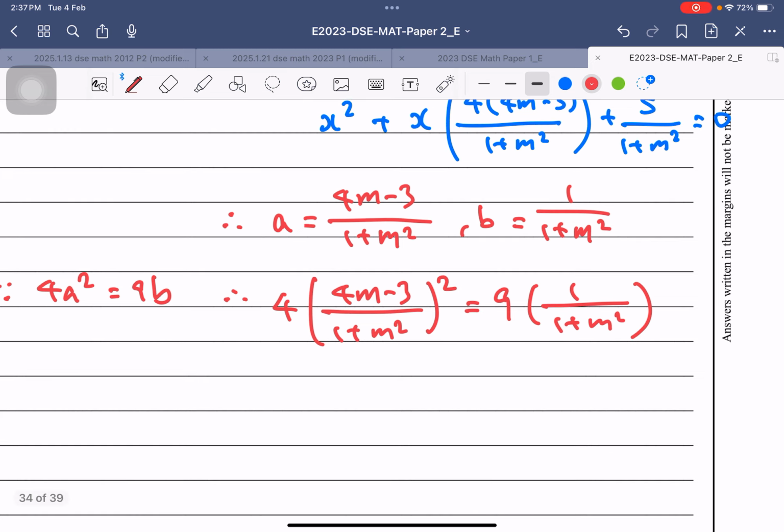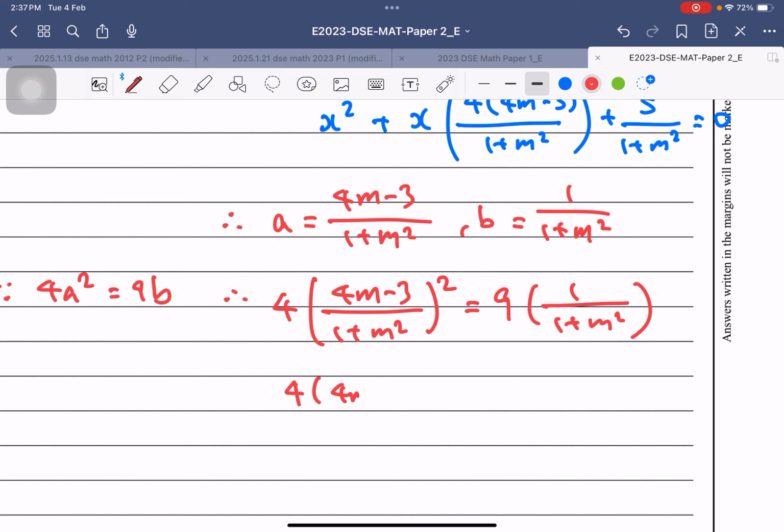Then how do you solve this equation? Eddie, how do you solve this equation? Expand? If we have the fraction, it's hard to solve, isn't it? So the square can be distributed to the numerator and denominator separately.